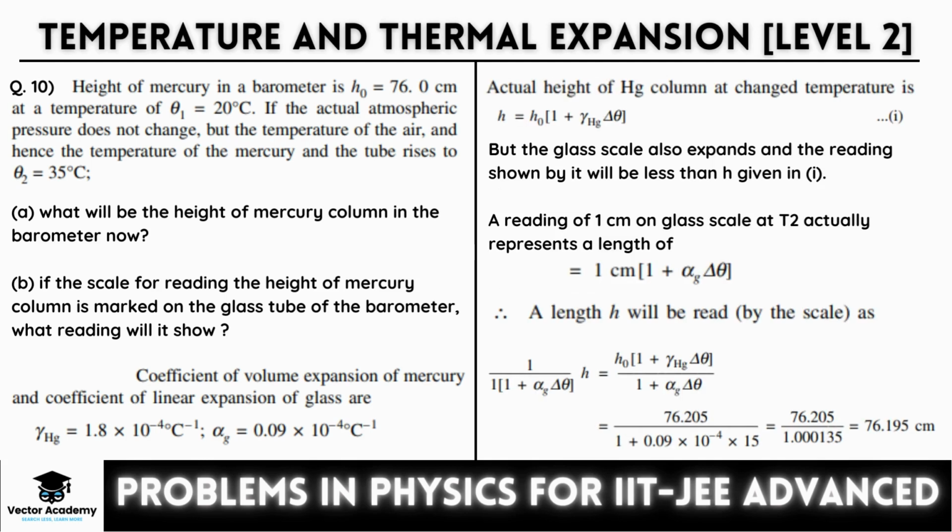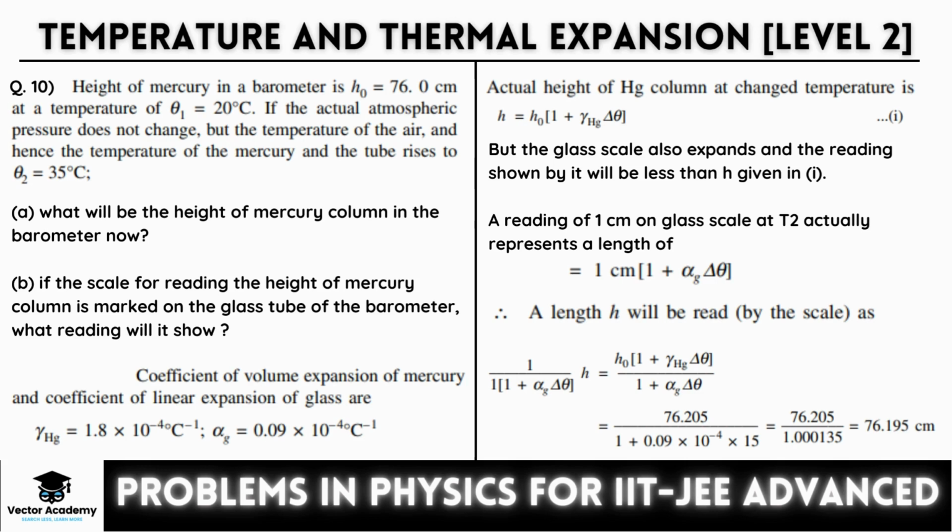For B part, actual height of Hg column at changed temperature is h equals h0 multiplied by 1 plus gamma Hg into delta theta. But the glass scale also expands and the reading shown by it will be less than h given above.